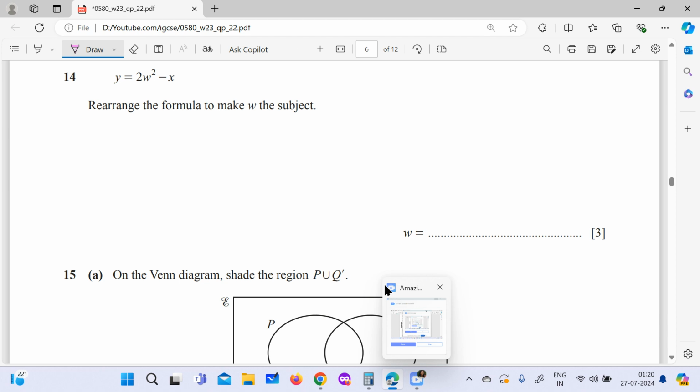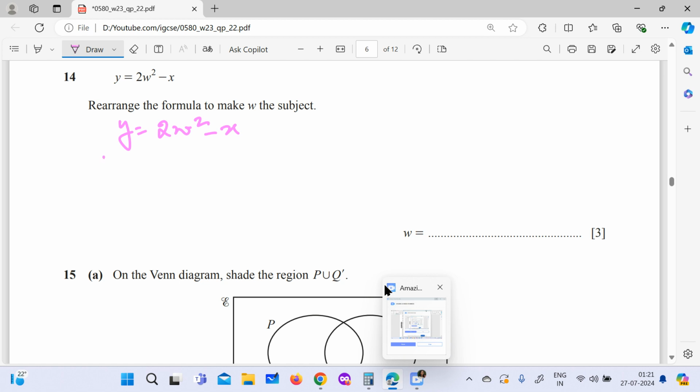y equals 2w squared minus x. Rearrange the formula to make w the subject. So we need to make w the subject. It means you need to isolate w here and bring everything to the other side. So let's write this first: y equals 2w squared minus x.